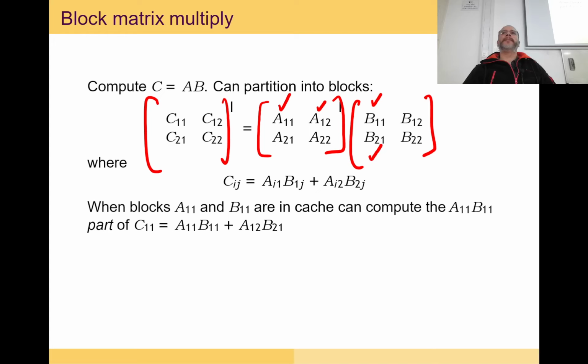So the matrix is large, yes. What was your answer? Memory utilization. Memory utilization, yes. So what can happen is that your small blocks can fit into the cache. The huge matrix that you have may not fit into the cache, but the small ones could. And then if you're multiplying A11 by B11, they may be available in the cache, so all the multiplication can happen at once. So these ideas are worth understanding.